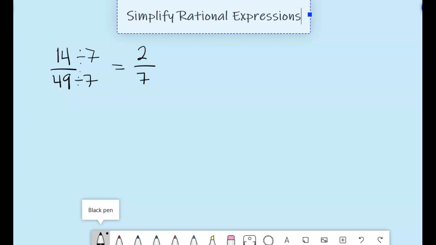The same thing also works for rational functions.